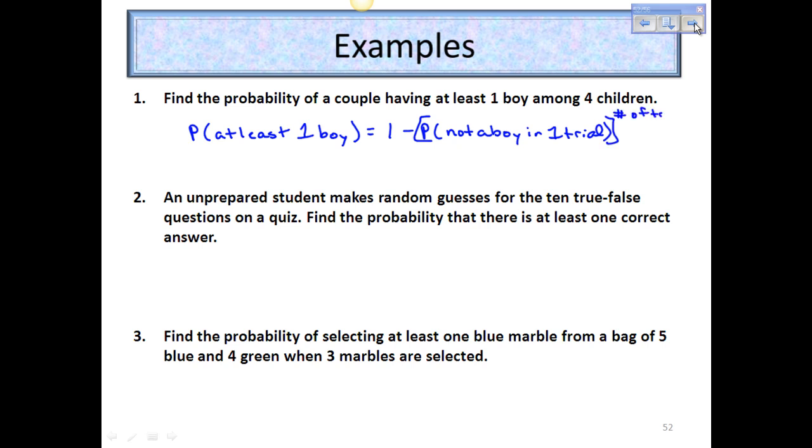And in this case, our number of trials are the number of children. So if you don't have a boy, you have a girl, so the probability of not a boy in one trial is still 1/2. Raise that to 4. So 1 minus 1/2 to the 4th is 0.938.